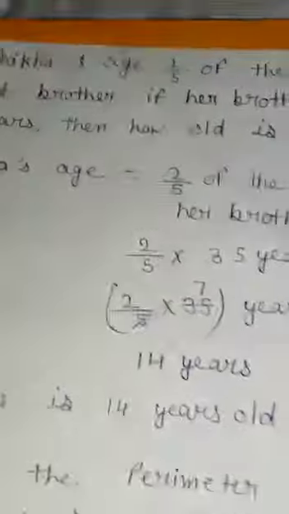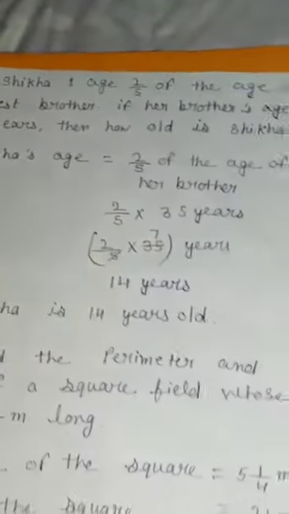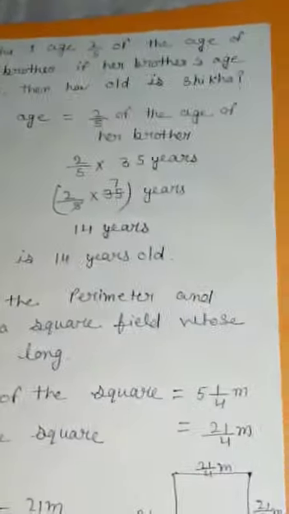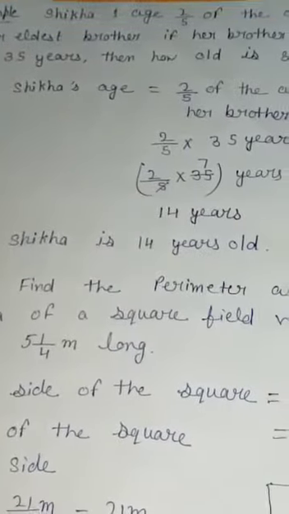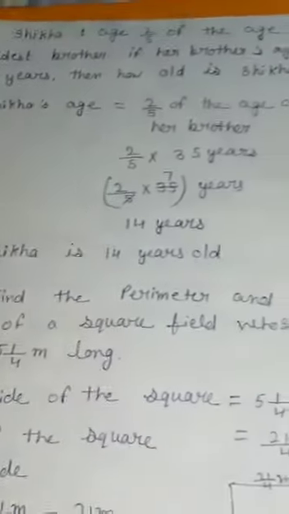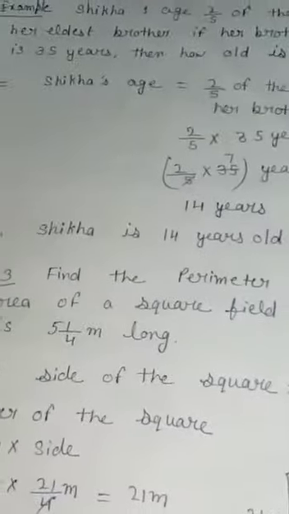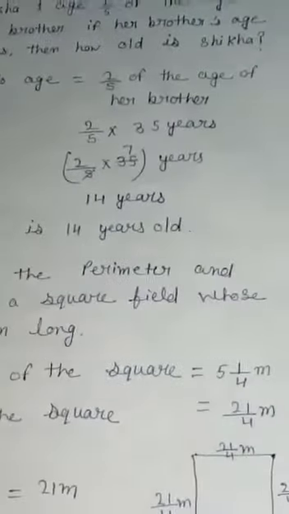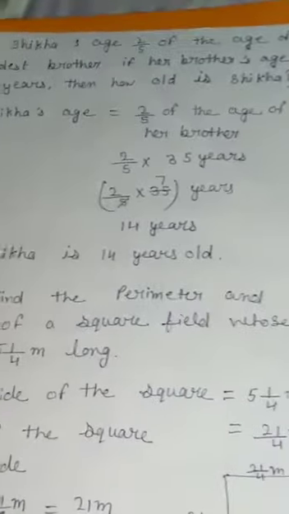Now next example is: Shikha's age is 2 by 5th of the age of her elder brother. Elder means big brother. If her brother's age is 35 years, then how old is Shikha?